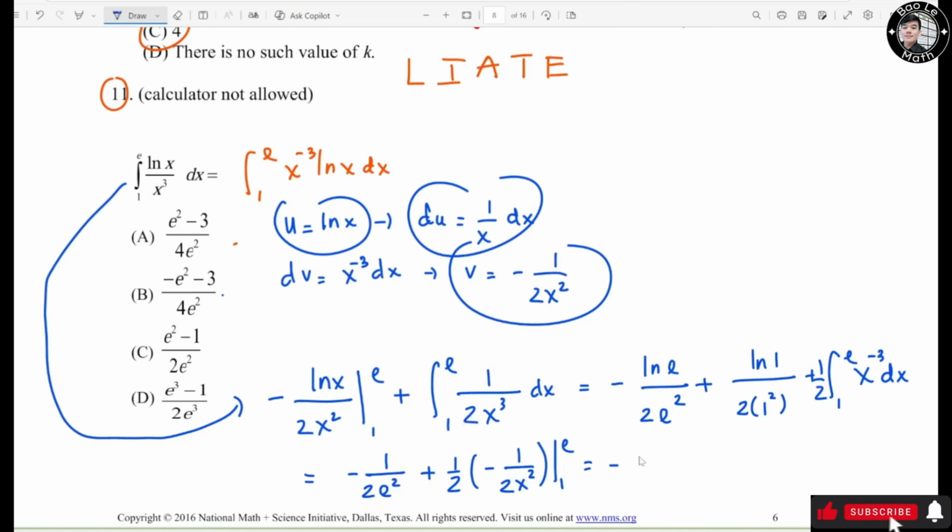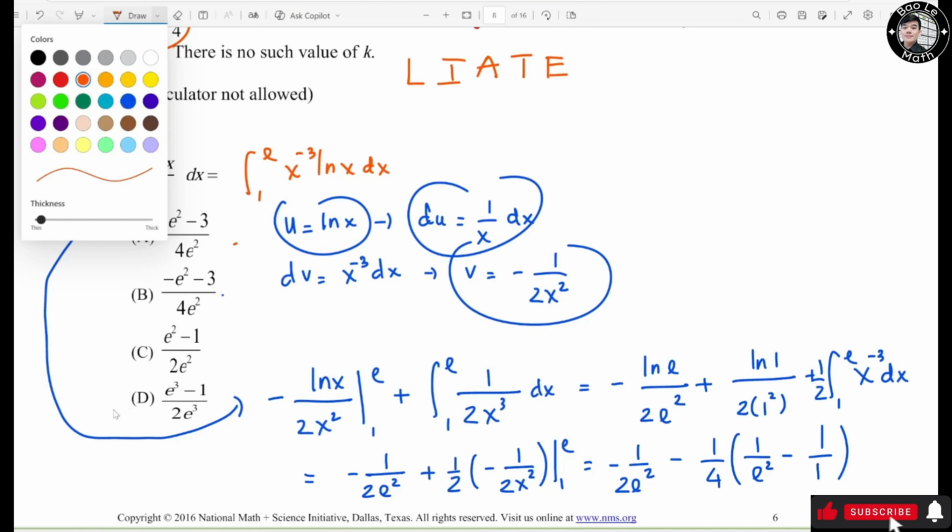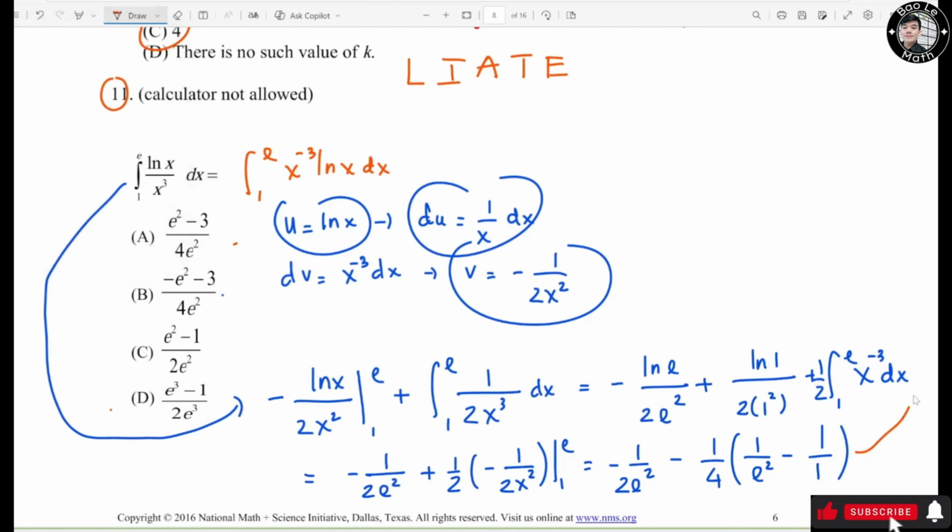So it's going to be negative 1 over 2e squared minus 1 over 4 times 1 over e squared minus 1 over 1, right? Now I want to simplify this guy. So it could be negative 1 over 2e squared minus 1 over 4e squared plus 1 over 4.